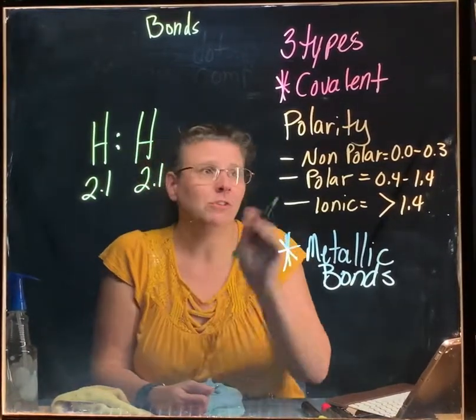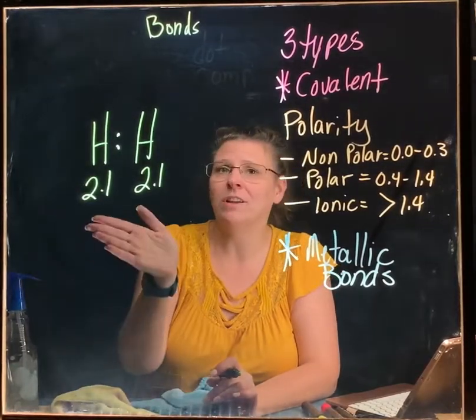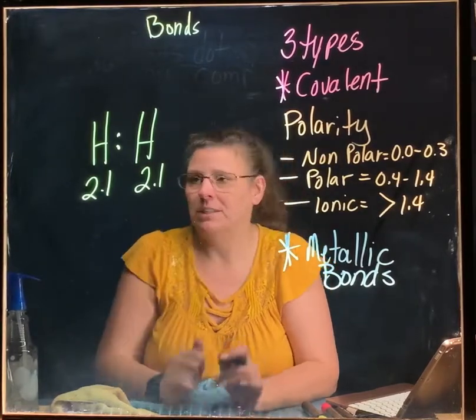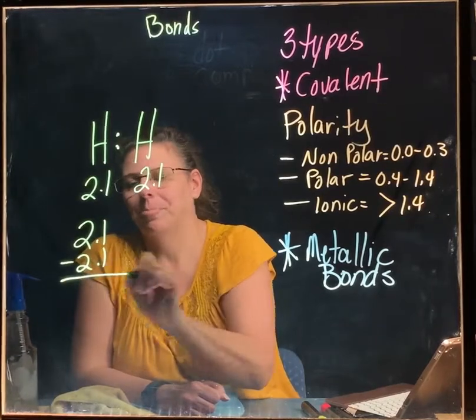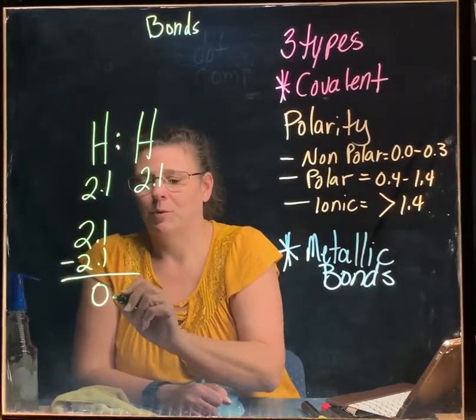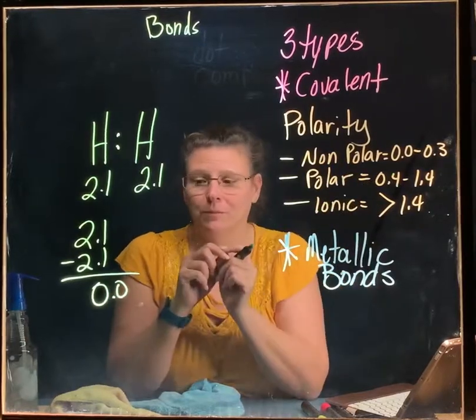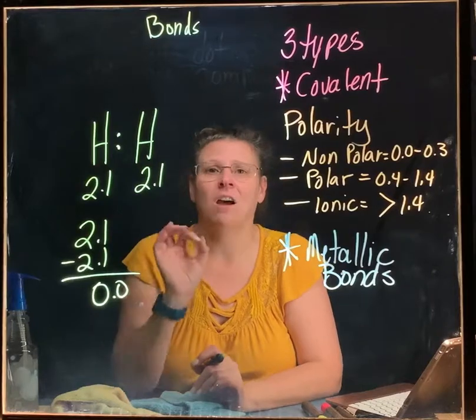To find polarity, whether it's nonpolar, polar, or ionic, we find the difference between these two. So you take 2.1 minus 2.1, and you get 0.0. Well, 0.0 falls under nonpolar. So this bond, or this molecule, is nonpolar.